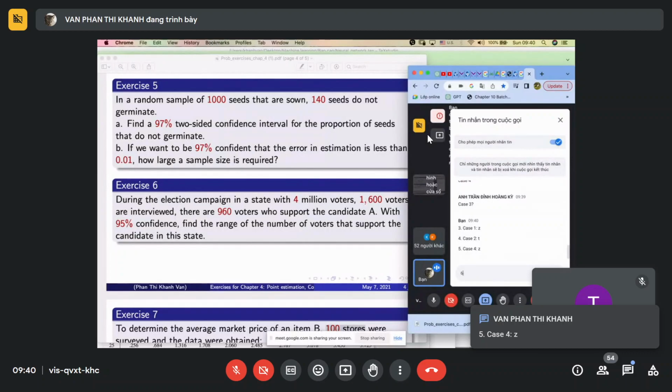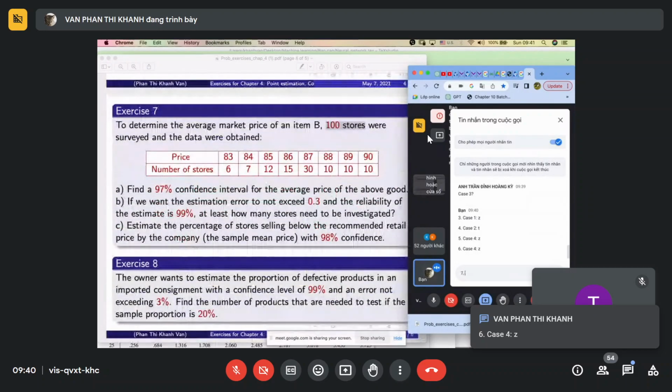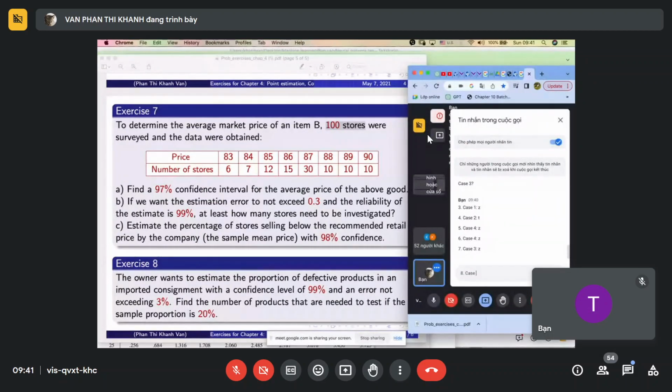Number 6 is also case 4, so we use Z table. Number 7 is case 3, we use Z again. And the last one, question 8, which case here? When you see the proportion, of course it's case 4, and you use Z. So I summarize here the cases for problems 3 to 8. Now just apply the formula, right?